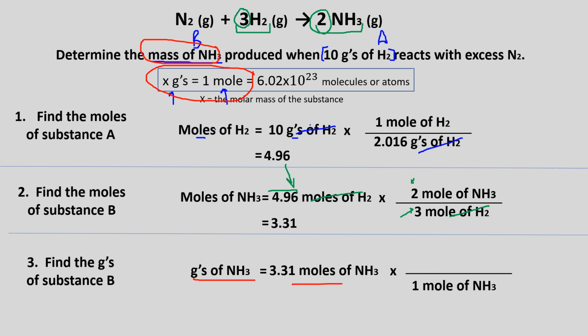Let's put the 1 mole of NH3 on the bottom, because that is going to cancel out with the 1 up top. And then if you go figure out the molar mass of NH3, it should weigh a little over 17. So your final calculation becomes 3.31 times 17 divided by 1, and you should get 56.32 rounded.